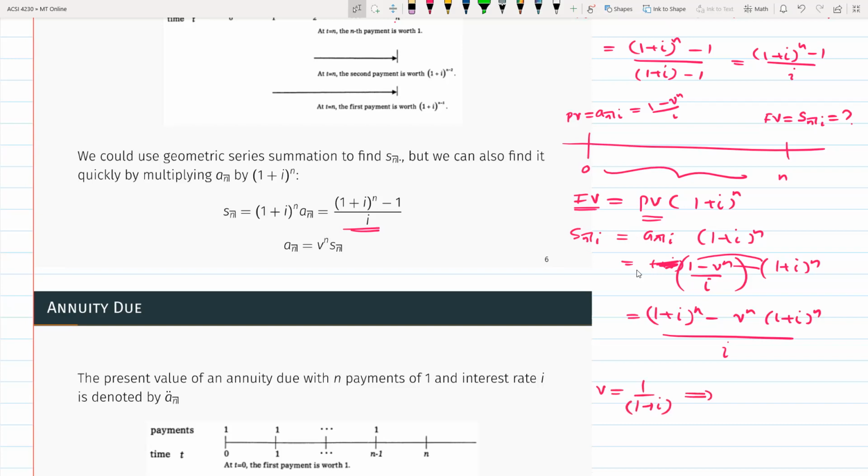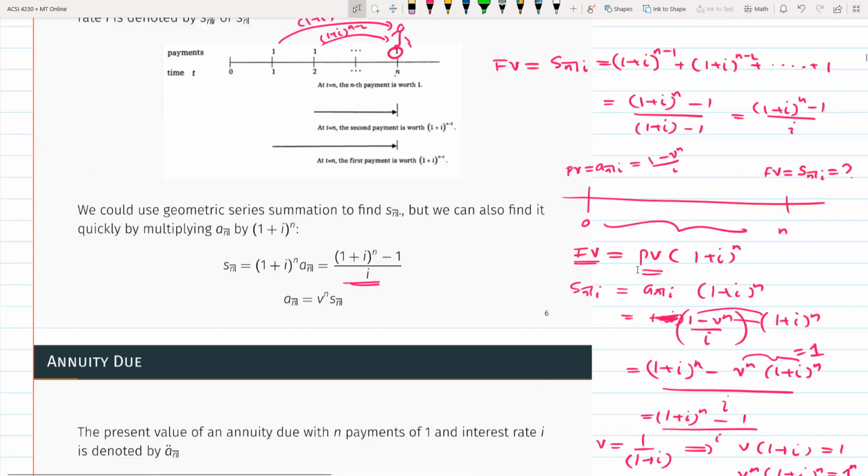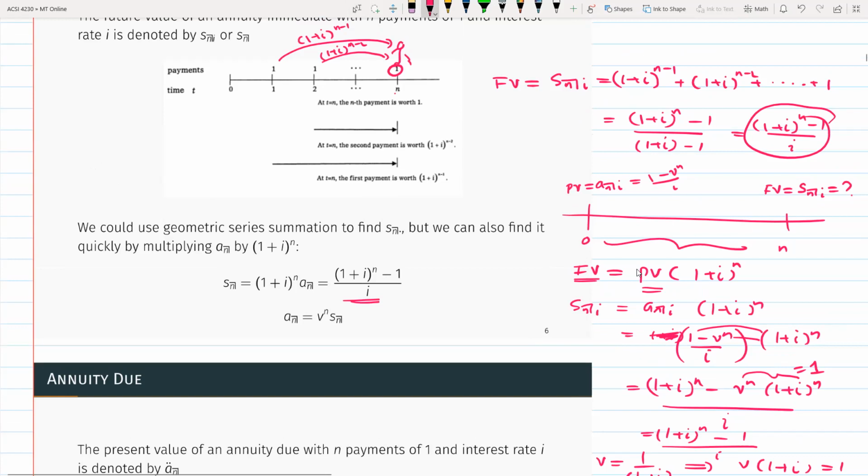So from here you can see v times (1 + i) is 1. So v^n times (1 + i)^n is still 1. 1 to the n if you want is 1. So this entire thing equals 1. So that would give us the same formula we derived earlier. Okay, that's the same thing we got here.